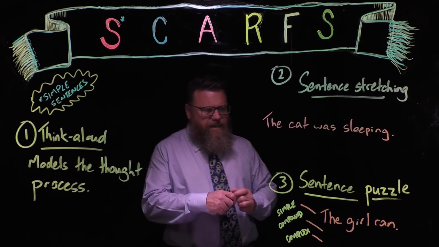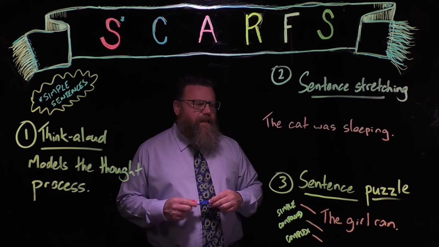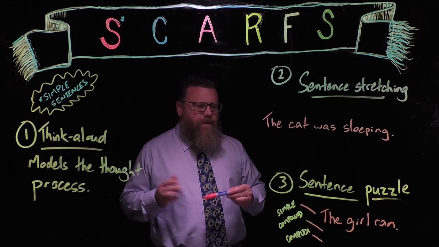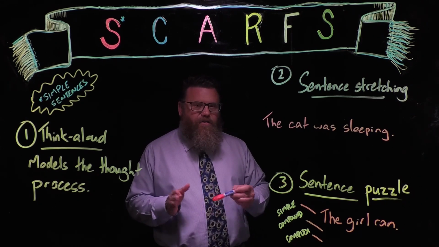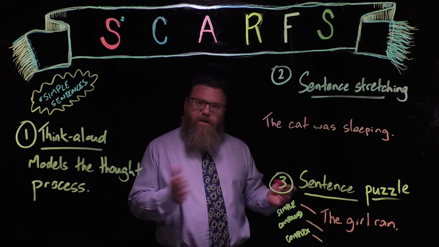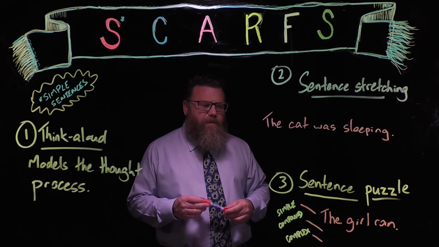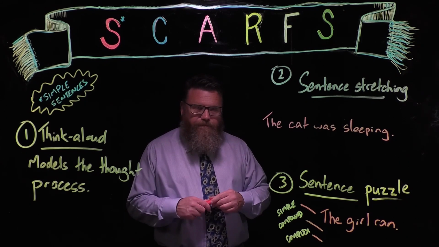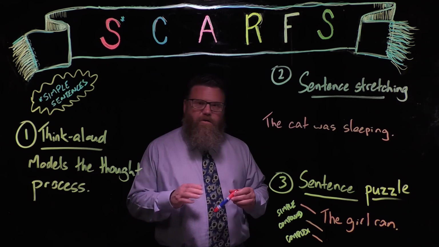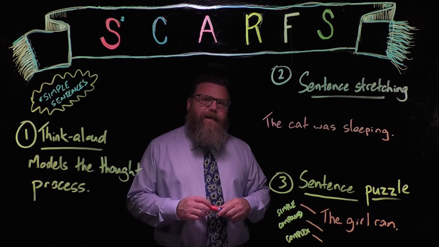Okay, so the compound sentence might be something like, the girl ran away and her dog followed her. Okay, compound sentence. Complex sentence might be something like, when the girl ran away, the dog chased after her.